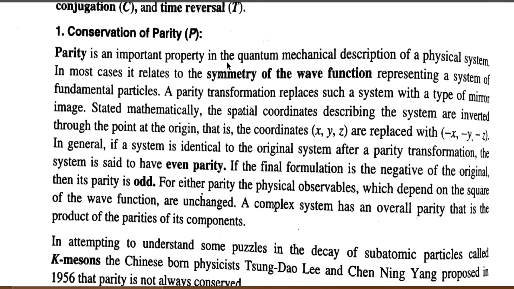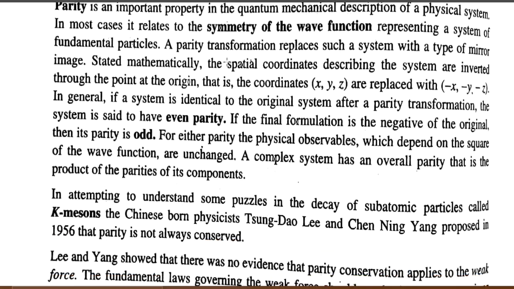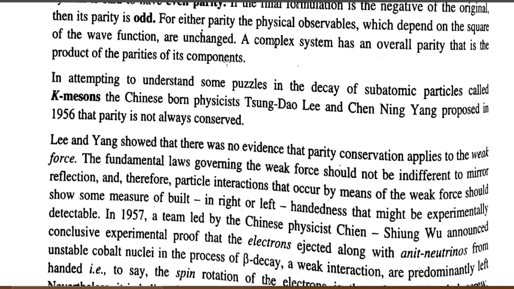Parity is an important property in a quantum mechanical description of a physical system. In most cases, it relates to the symmetry of the wave function representing a system of fundamental particles. So let's learn about parity, how even parity and odd parity are conserved in all nuclear reactions, with examples.